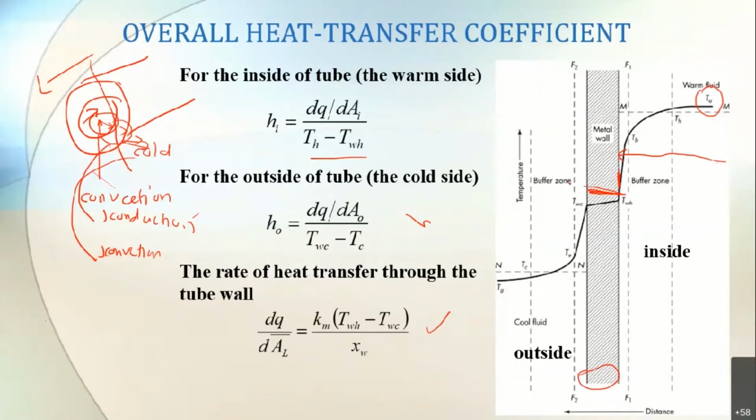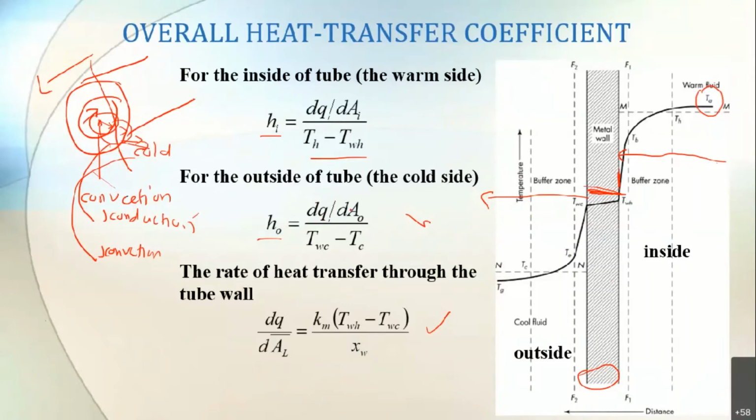And after that, the heat again will be transferred from the outside wall to the outside by convection. So from the outside tube to the cold side, let's say this is air or any other fluid, this will happen by convection again. So you have H inside, H outside. H outside, HO, is equal to dQ over dA over TWC minus TC.